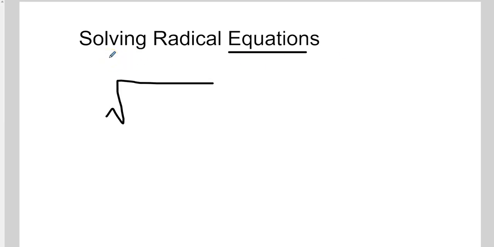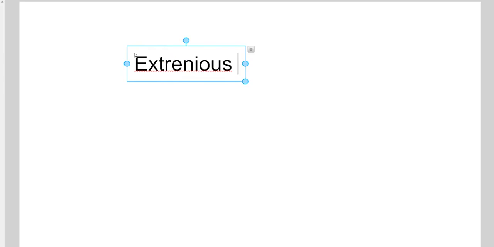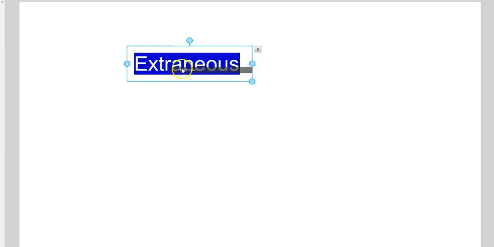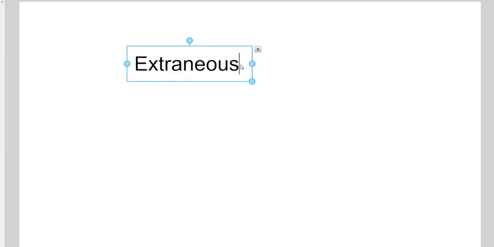Now, something that is interesting with our radical equations is we're potentially going to have solutions that don't work. We're going to find them, but when we solve, they might not actually work like we'd like to. We're going to call these extraneous solutions.